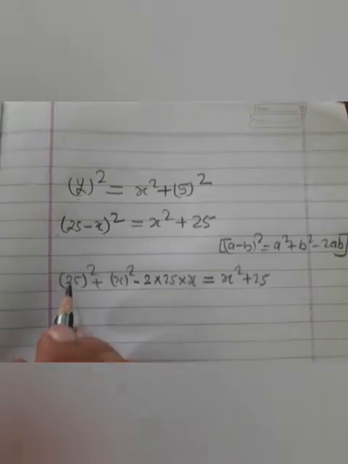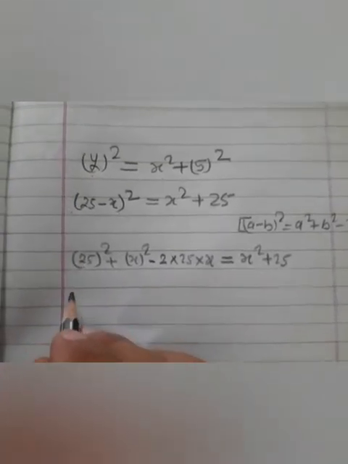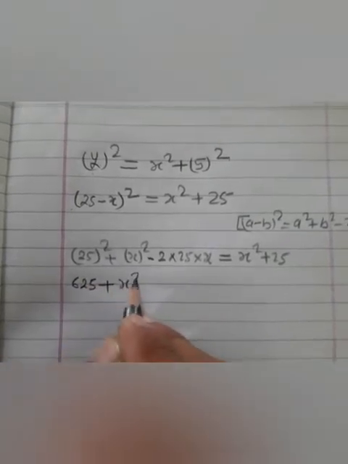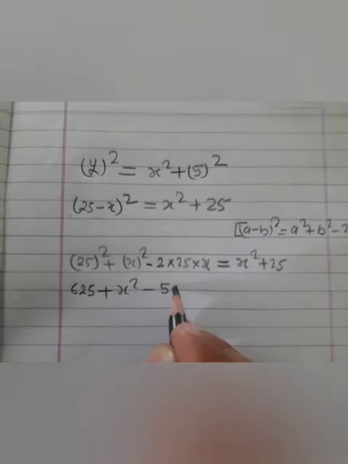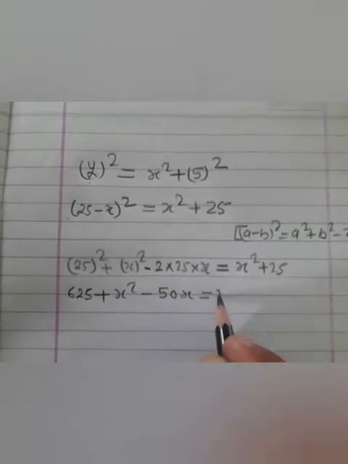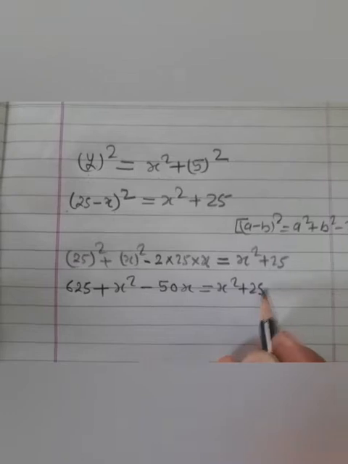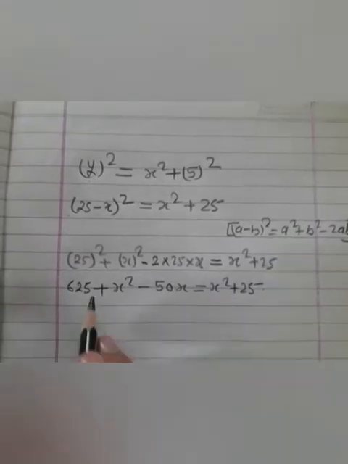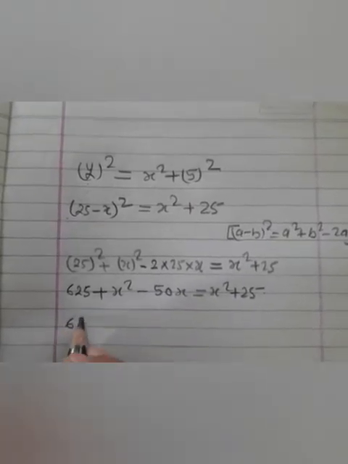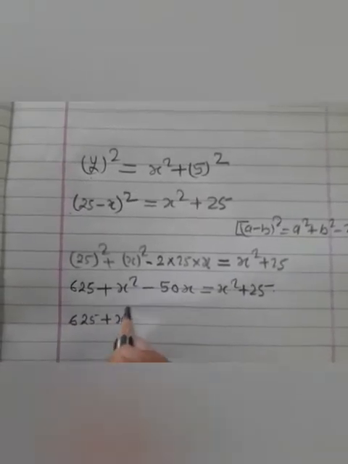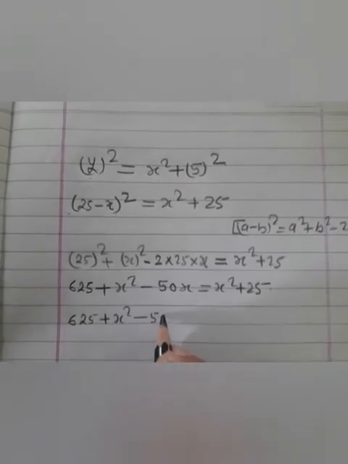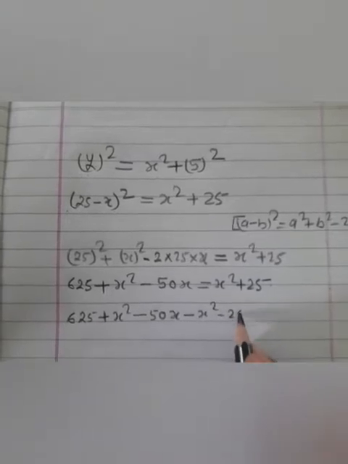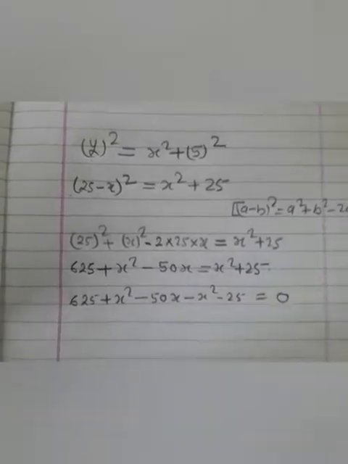So what we get, square of 25 is 625. 625 plus X square minus 50X is equal to X square plus 25. This one is clear. So this goes to that side: 625 plus X square minus 50X minus X square minus 25 is equal to 0.